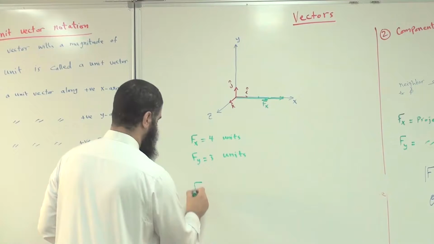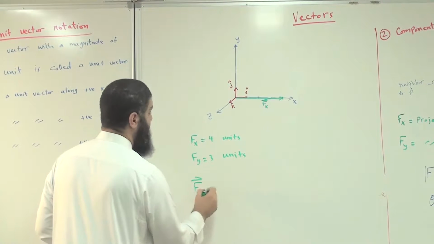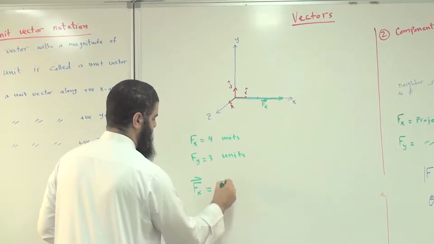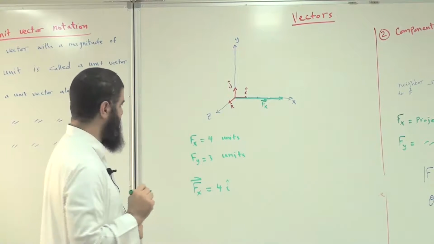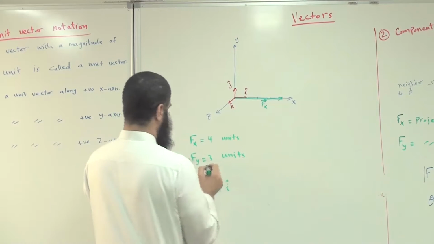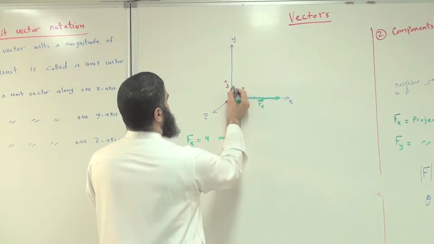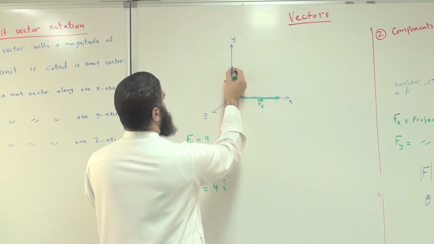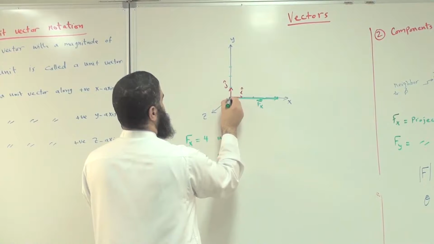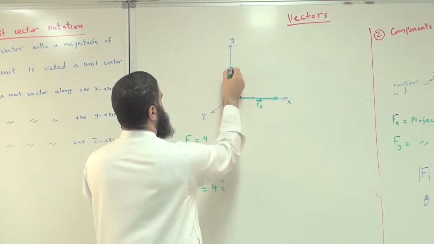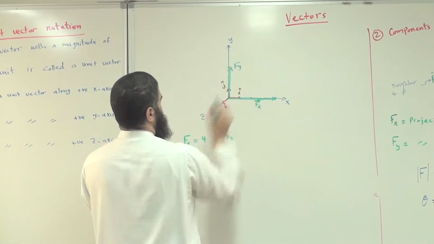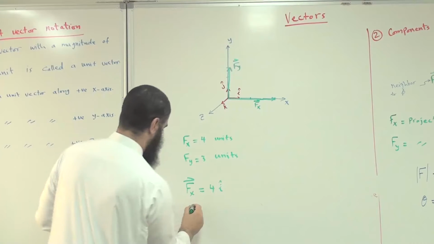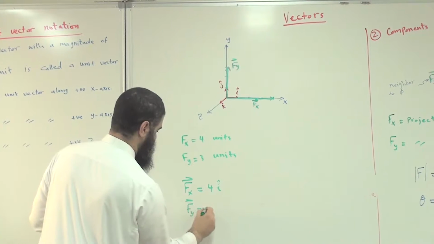So I can write Fx as 4i. Okay. Similarly, I can write this 1, 2, 3. So this is my Fy. Okay, so this is Fy. So Fy is nothing but 3j.